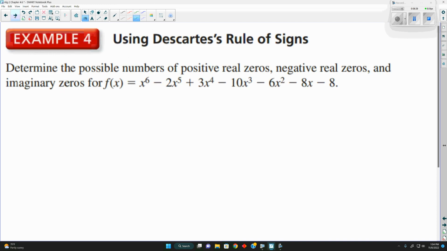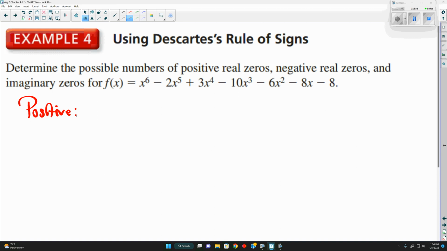Now, we're going to go on and look at it because it's a little bit easier to look at this and work it through than it is to just look at the definition. Because I've seen a lot of times once we start applying the rule, it makes more sense than just looking at the words.